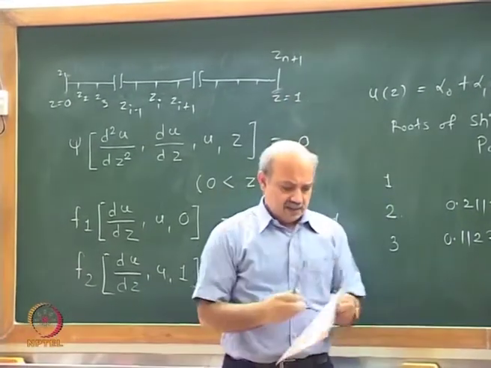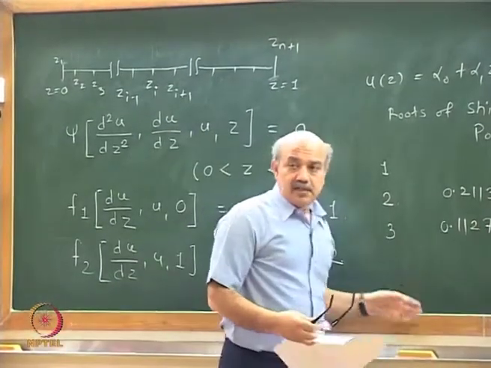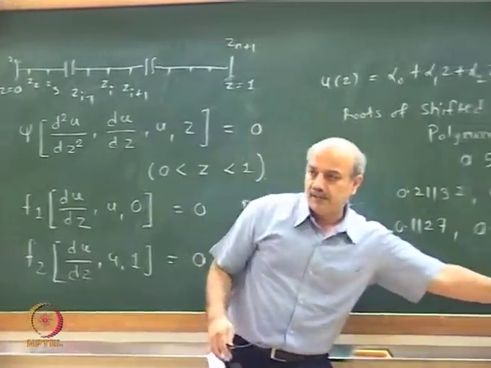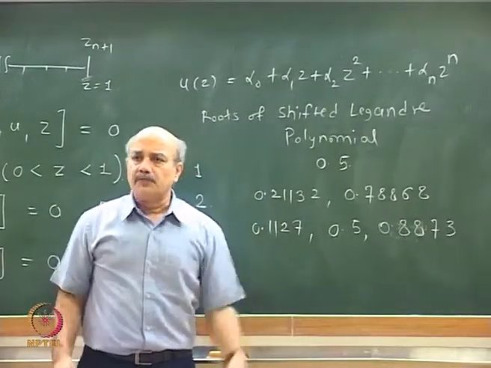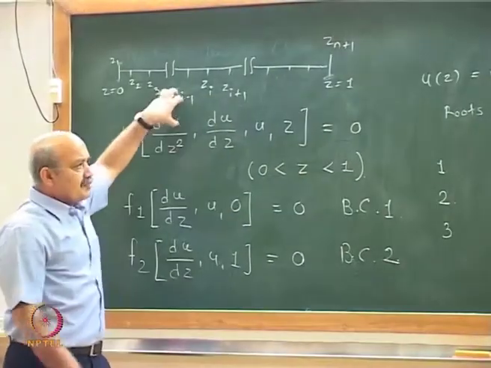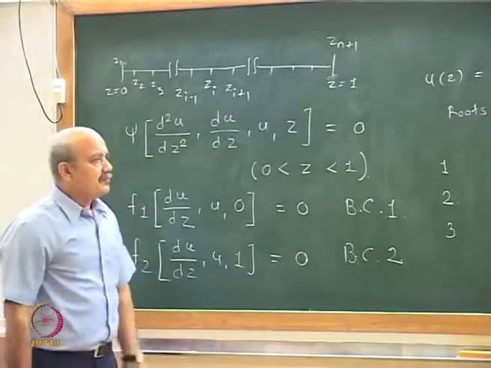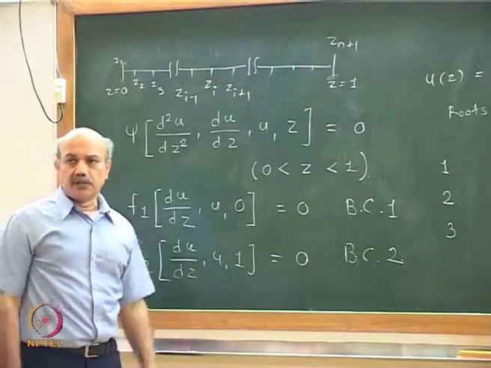In the accompanying notes, I have listed roots up to 7th order. If you want to know about higher order polynomials, you will get that in the literature. But typically it suffices to use 3rd, 4th, 5th or 6th order polynomials.